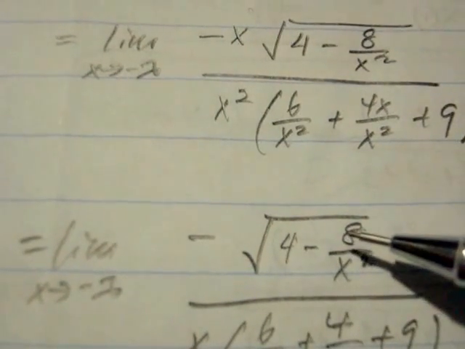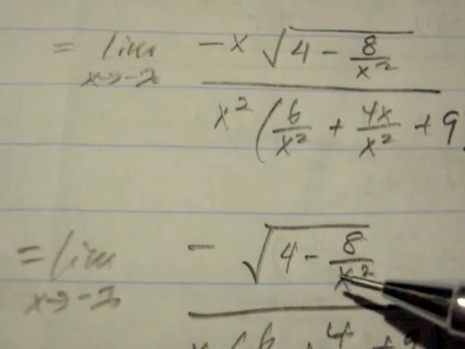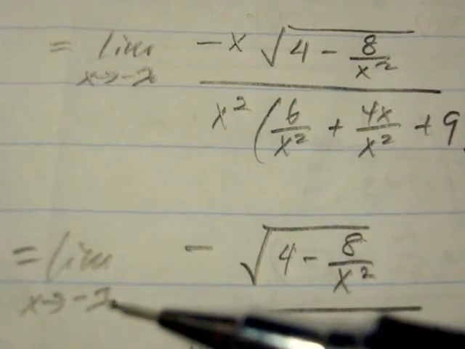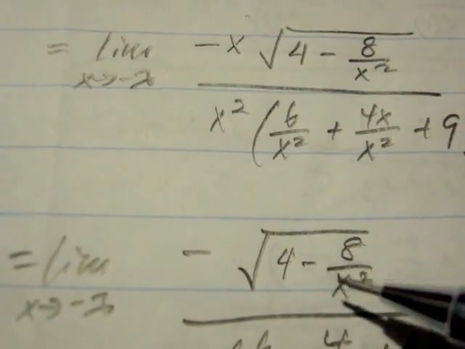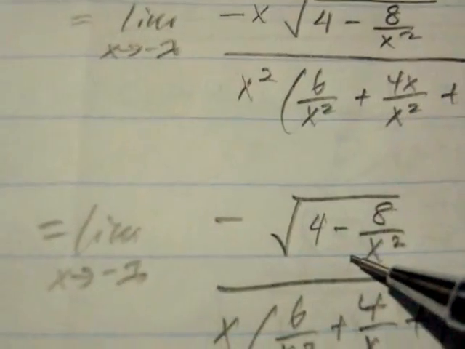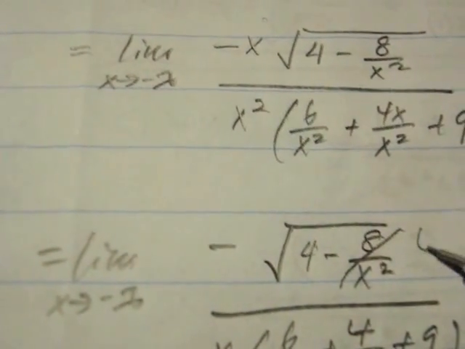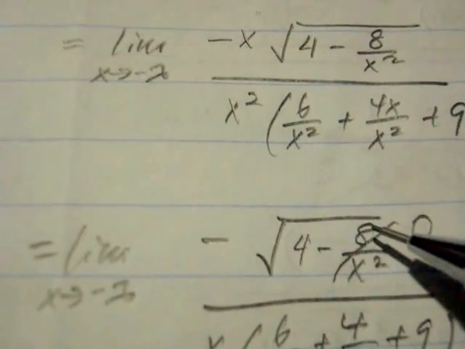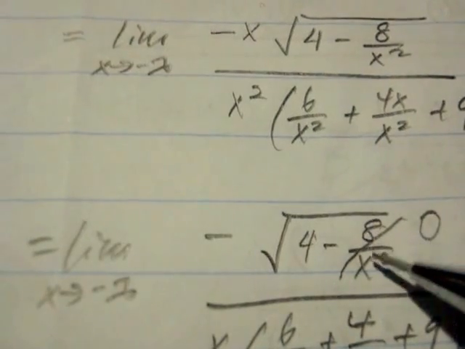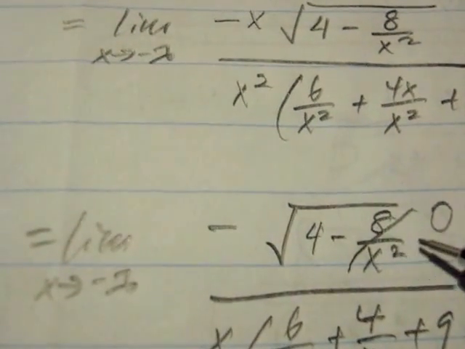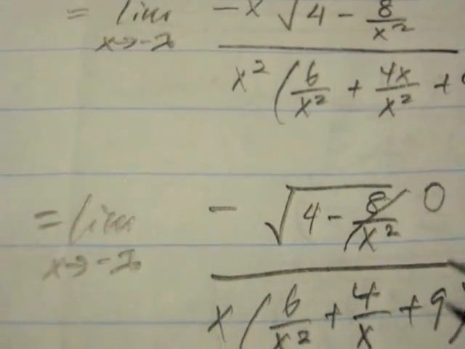And as for this fraction right here, as you take the limit as x approaches negative infinity, it will reach 0, because if you take 8 divided by a very large number, it will reach 0.